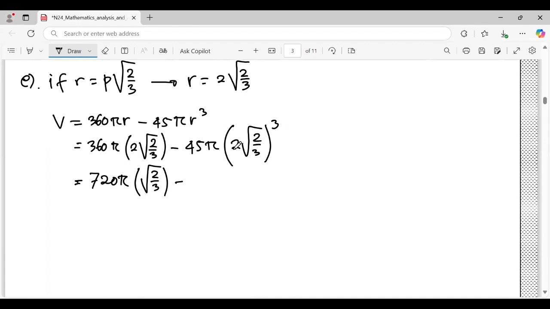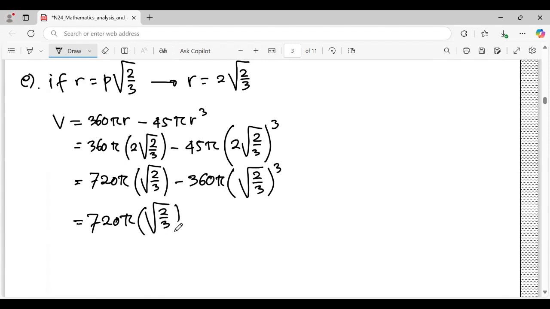So 45 times 8, 360 pi, 360 pi square root 2/3 cube. 720 pi, we are going to factorize, minus 360 pi.